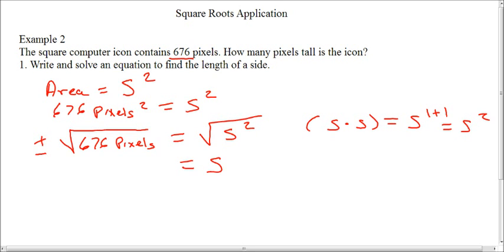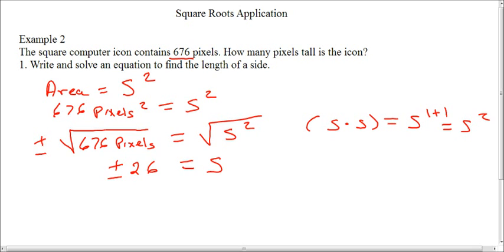But as we look at our perfect square chart, we see that 26 will be the integer that, when multiplied times itself, will give us 676. And we're going to just take both the positive and negative square root of that.